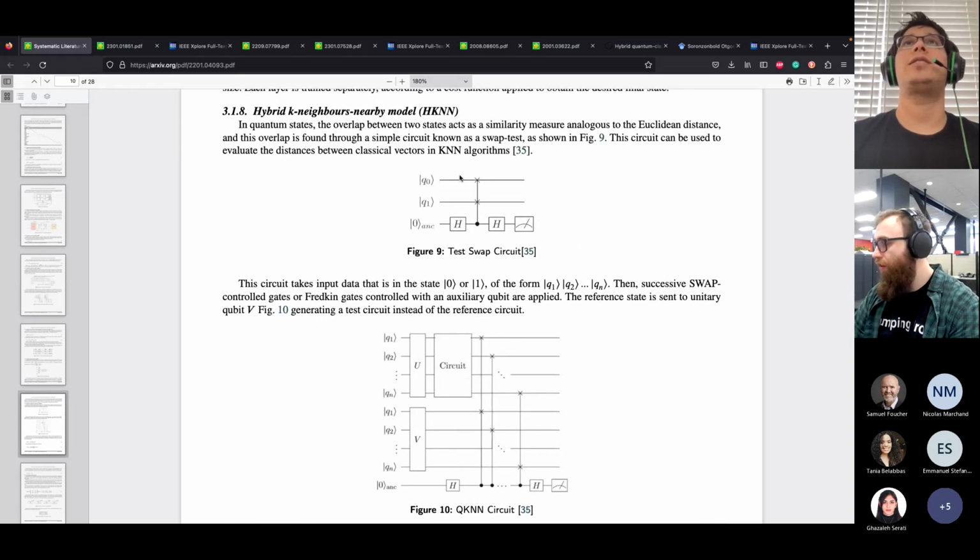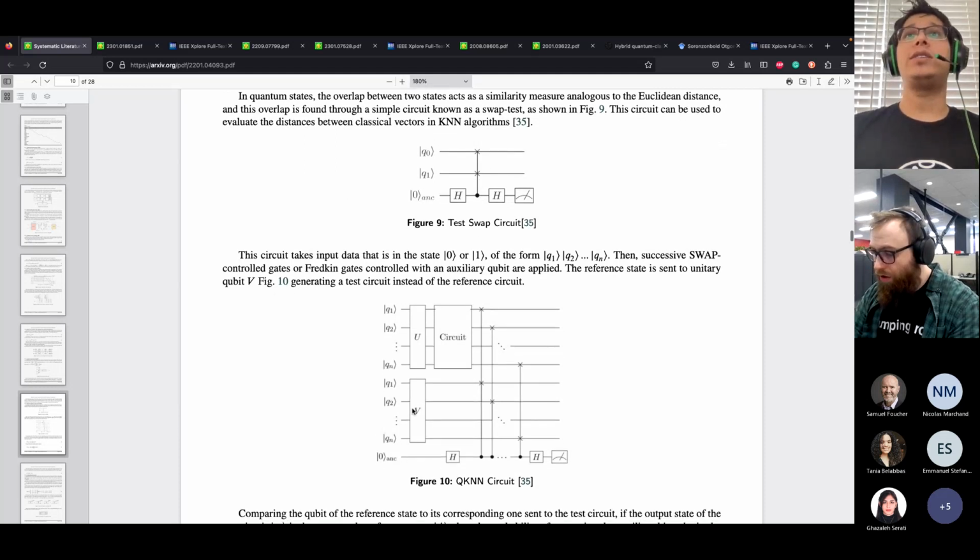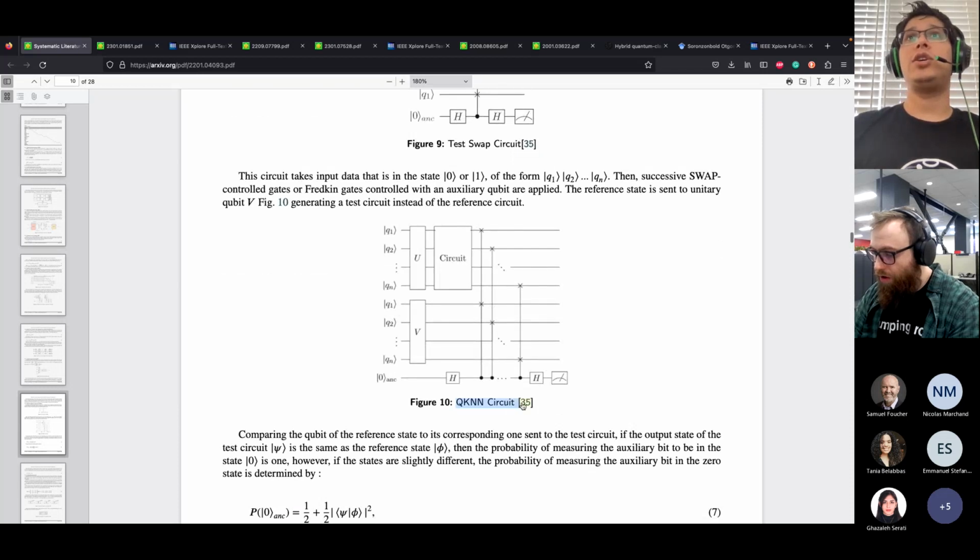But now here's a simple circuit that they're trying to use. This is called the test swap, and this is costly. Why? Because you have a controlled operation. So these wires are not joining only 2 qubits, they're joining 3 qubits. And this is going to be costly in terms of quantum computations. And as you can see here, the circuit that they use has several of them. So this means you will not be able to run this on today's quantum computers.